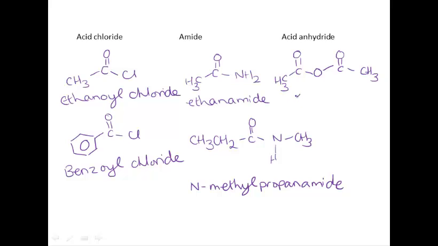And this one is called ethanoic anhydride. So I'm just going to put some structures on here for you to have a go at naming yourself. We'll do A.